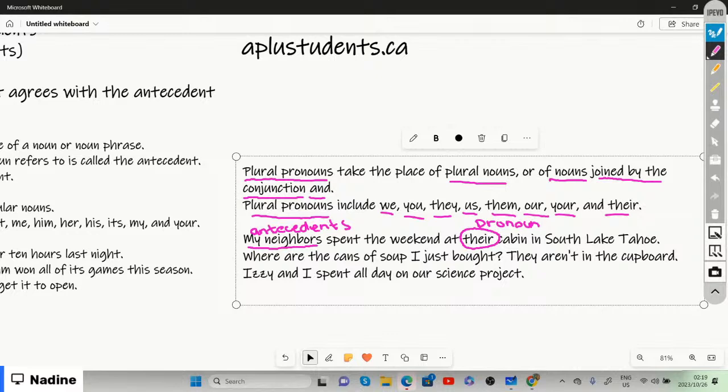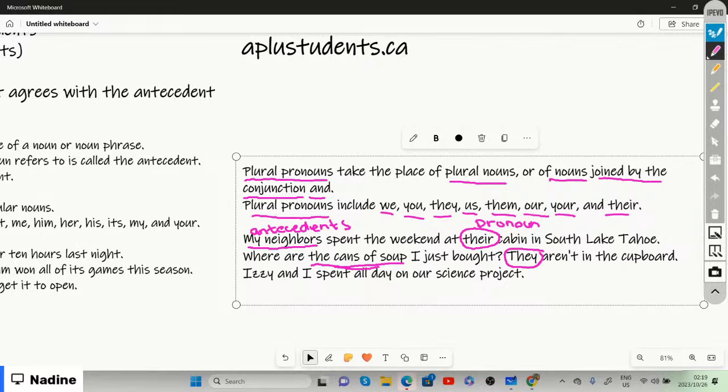If we look at the second sentence, where are the cans of soup I just bought? They aren't in the cupboard. So the cans of soup is our antecedent, and they is the pronoun for the cans of soup, because we are looking for the cans of soup.